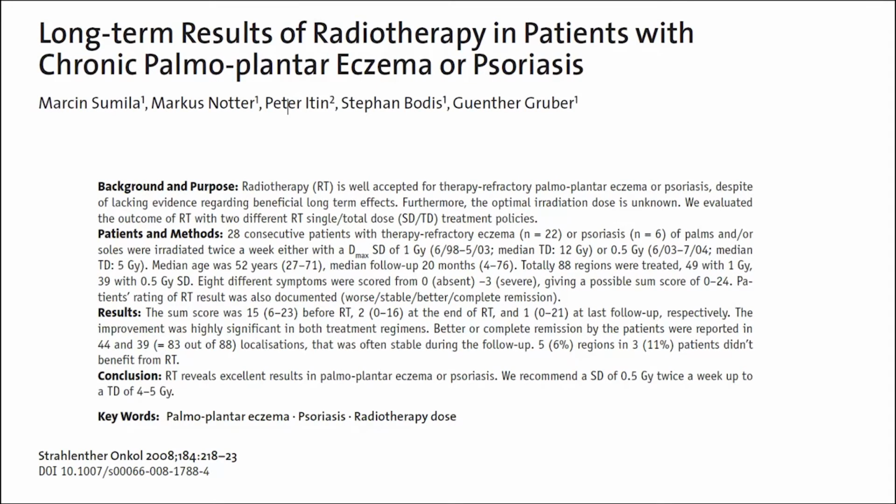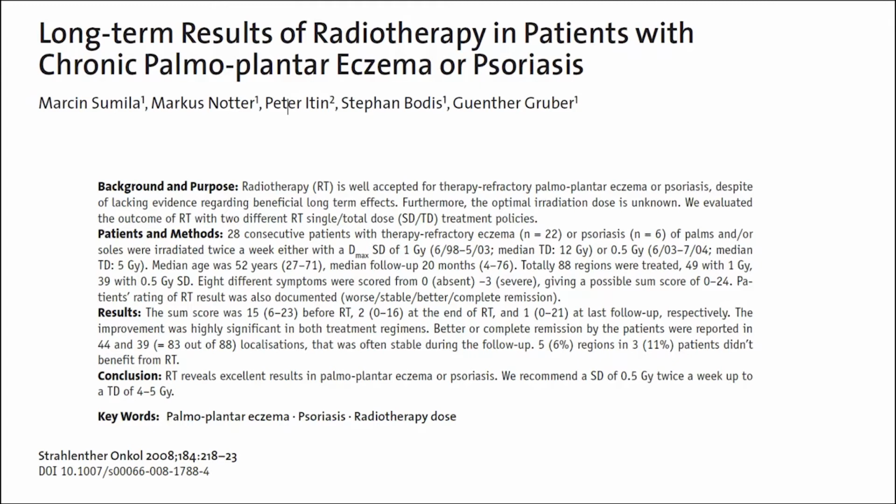So this is a publication that has summarized the impact of irradiation therapy on chronic palmoplantar inflammatory diseases such as eczema or psoriasis. Here, low-dose irradiation was used, so the median total dose was 12 gray. Most of the patients were treated with 0.5 gray in a fraction up to 5 gray.